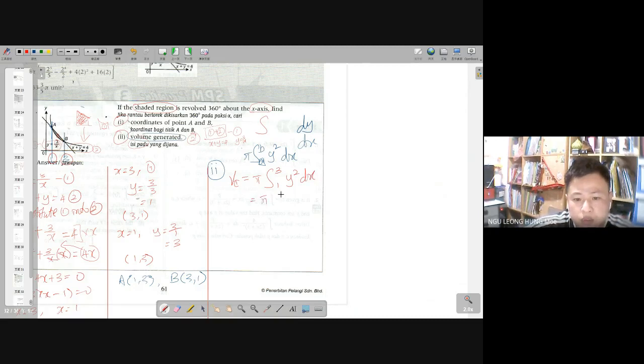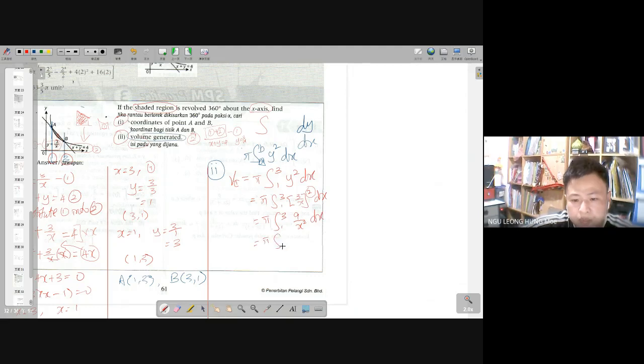Then we substitute y, which is 3 over x, squared, dx. Because x is under the fraction, we move it upstairs. We get 3x to the power of minus 1, and because of the square, this one is 9, this one is x to the power of minus 2, dx.